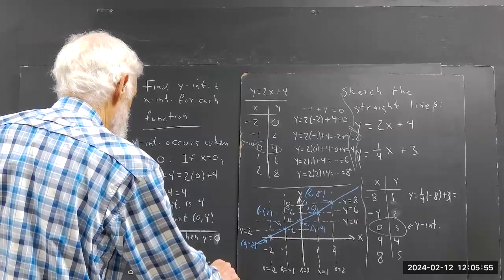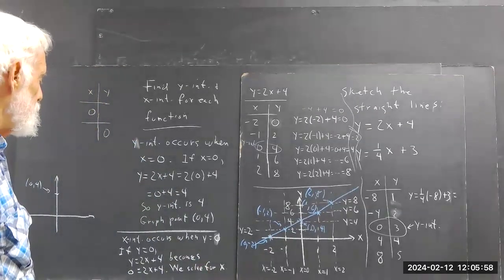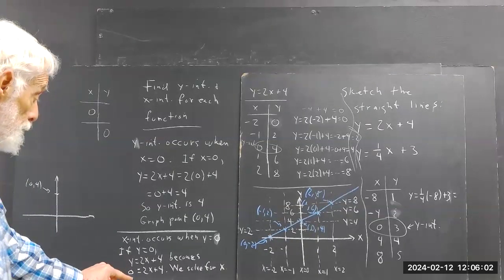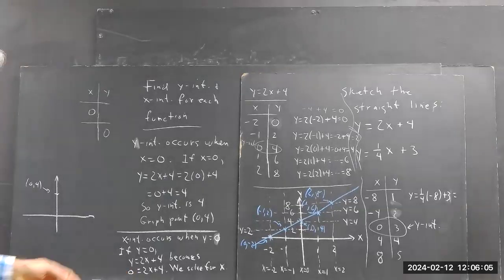So when you find the x-intercept, you're generally going to have to solve an equation. Can you solve that equation, 0 equals 2x plus 4? Show me the steps.